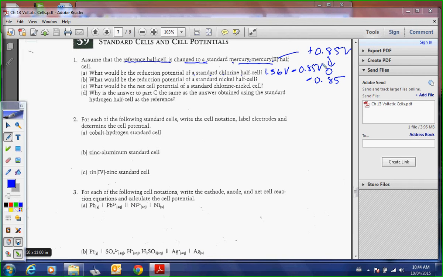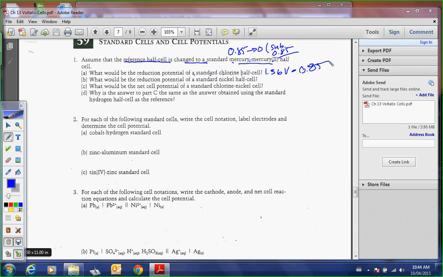Because this is 0.85, so to get it to go to 0, I would have to subtract 0.85. And so that's exactly what I'm going to do with this one. Subtract 0.85 from it. Make sense?